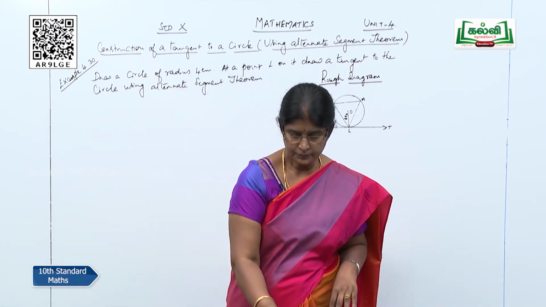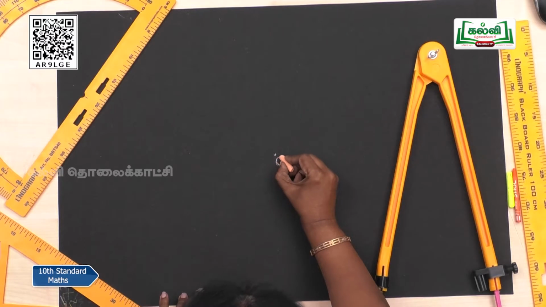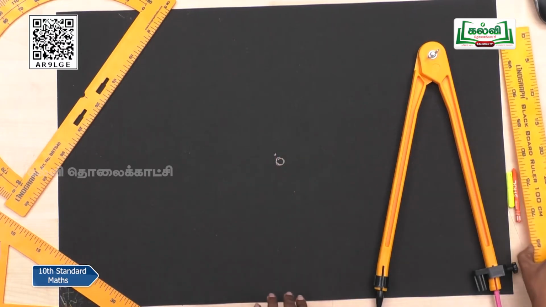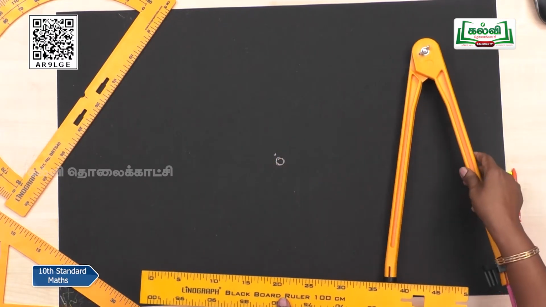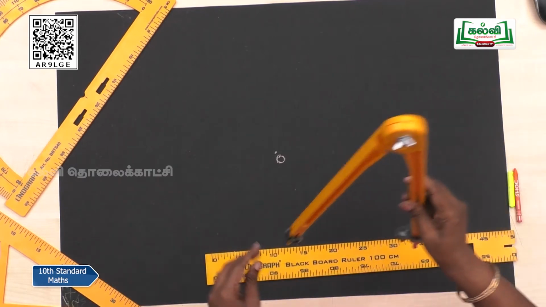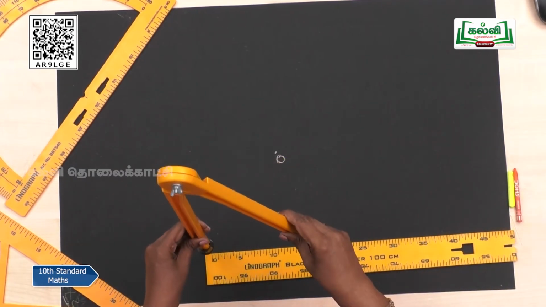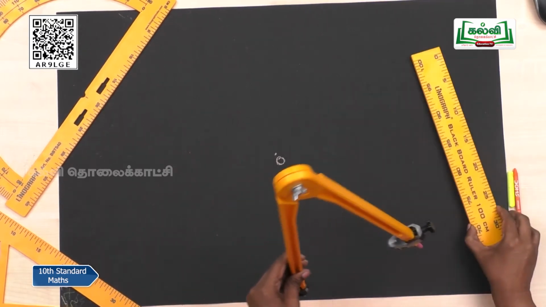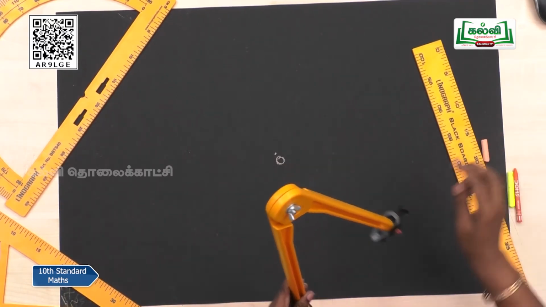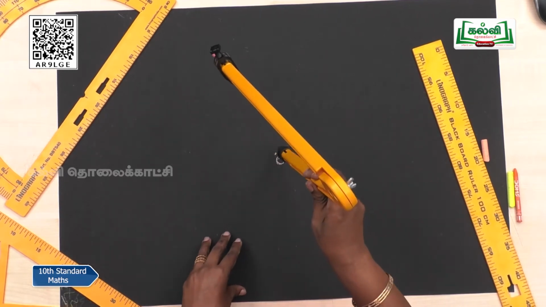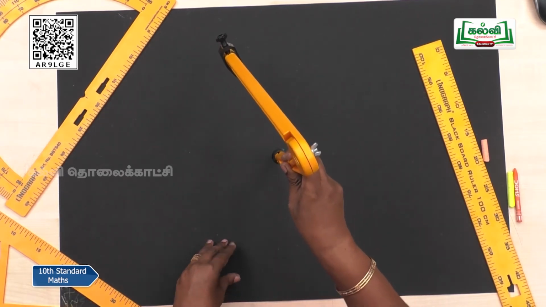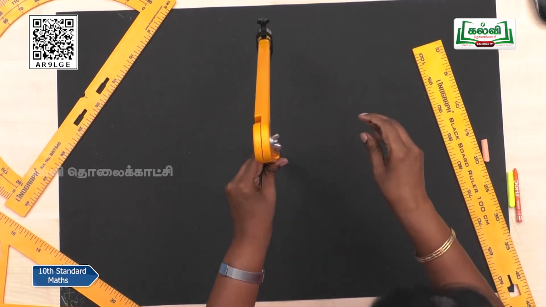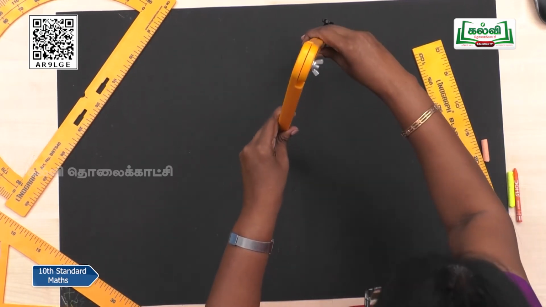Now, keep O as the center and measure 4 cm. Take 4 cm and then keep your compass at the point O. Using 4 cm, we are going to draw a circle.